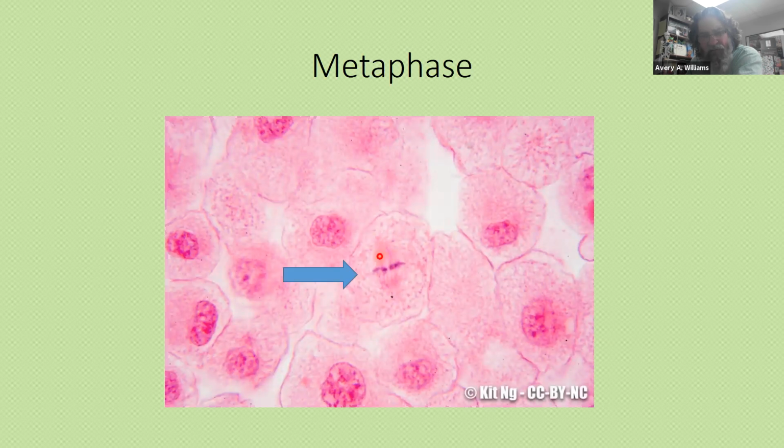These are called spindle fibers. The spindle fibers develop from opposite poles of the cell, and they descend down and they hook up to these chromosomes. And the chromosomes at this stage are actually a chromosome and a copy. Here's a chromosome and its copy, and together they're stuck together. They're called sister chromatids, and they're stuck together in the center part, which is called the centromere.